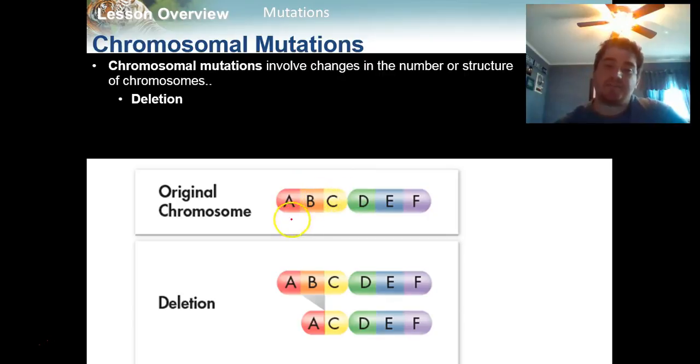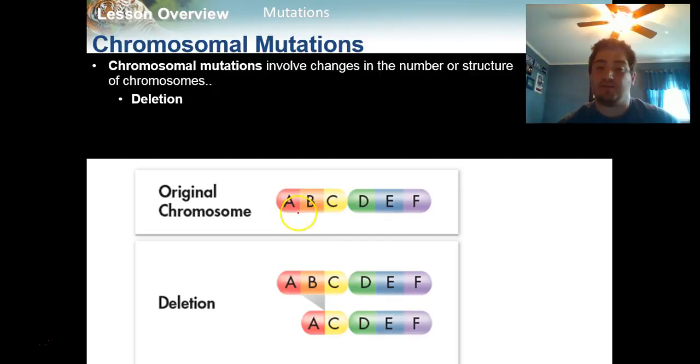Let's, for these couple slides here, pretend that this is a section of chromosome, right? This right here between C and D would be the centromere, and then we'd have another half come in here after we replicate, okay? So let's pretend a deletion, right, is we actually delete not just one nucleotide like in a gene mutation, but a whole section of chromosome, right?